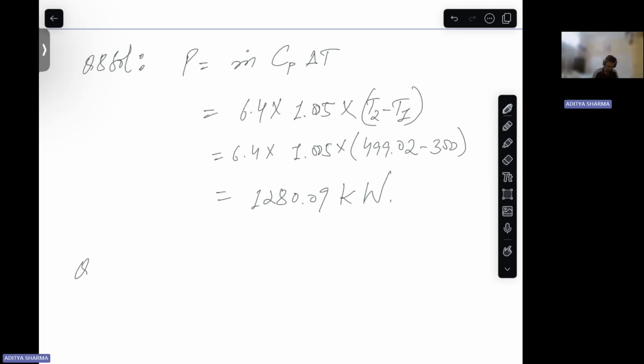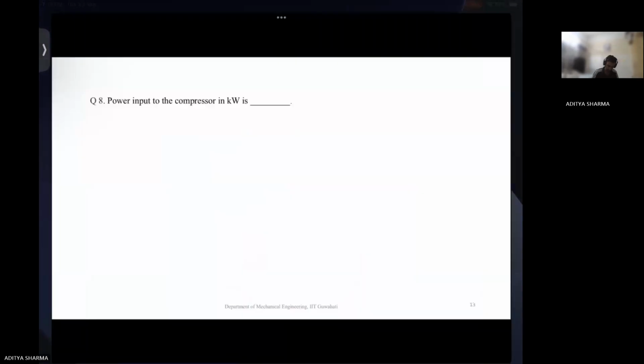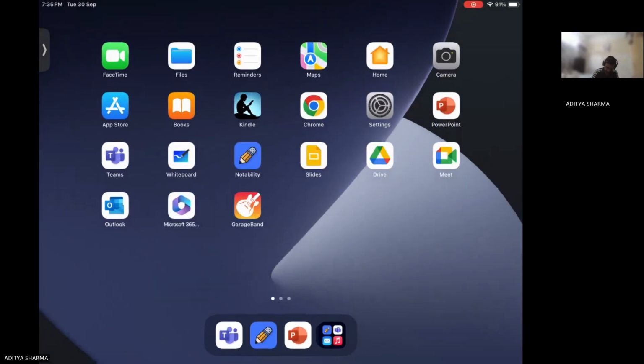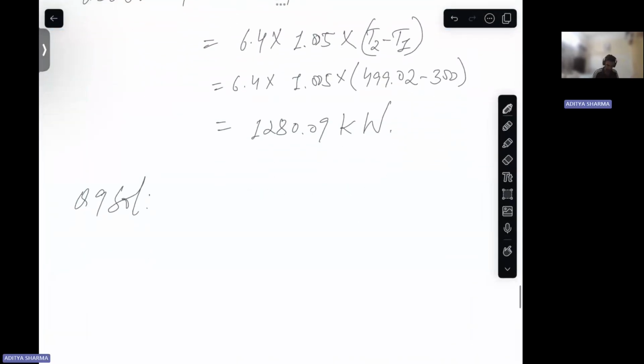Then question number 9, stage total temperature rise. If you see, there are 9 stages.